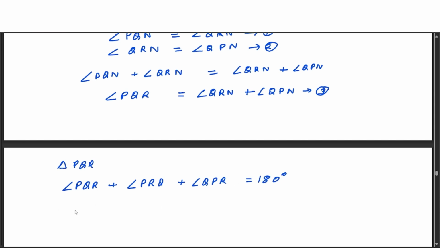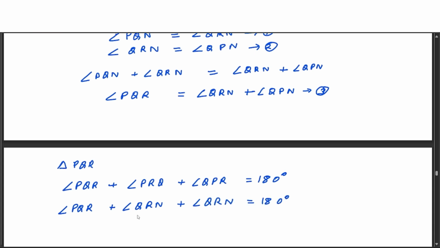Now you have already found angle PQR is equal to QRN. Now we can substitute all these values. So angle PQR plus angle QRN plus angle QRN is equal to 180 degree.